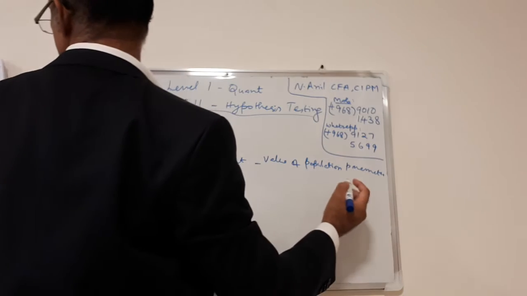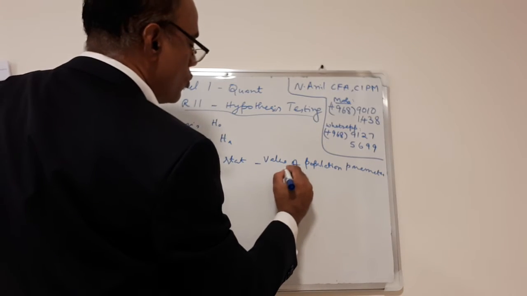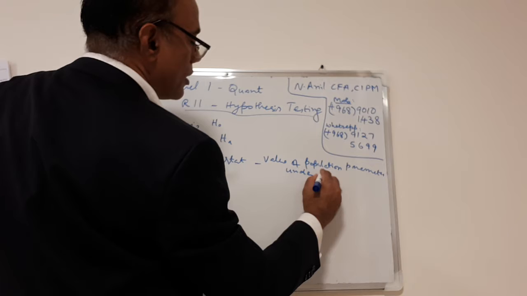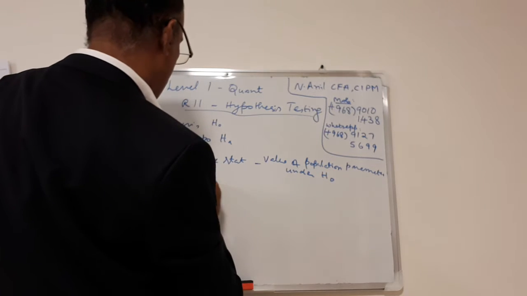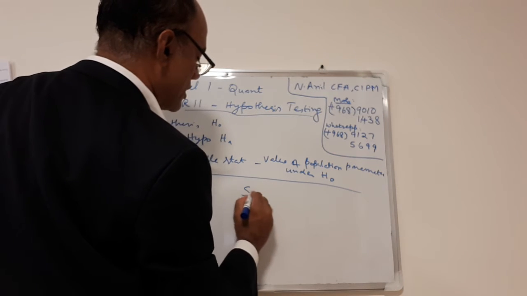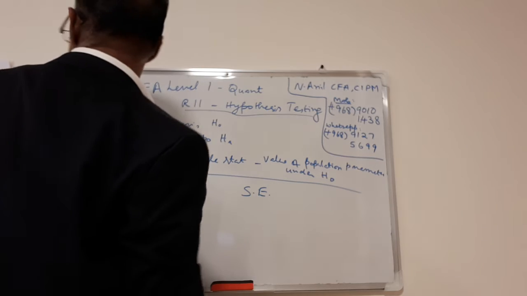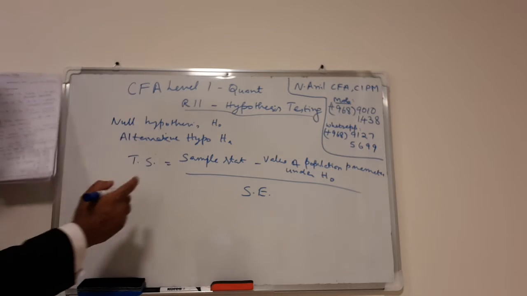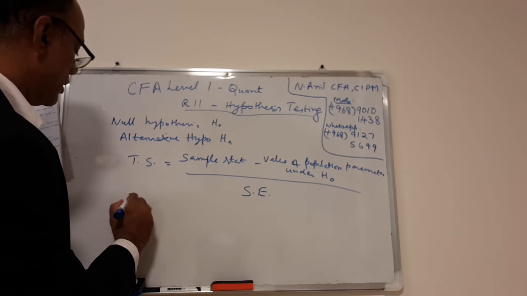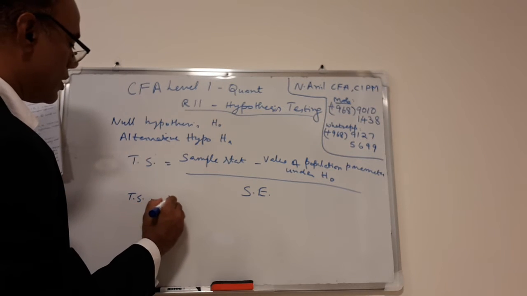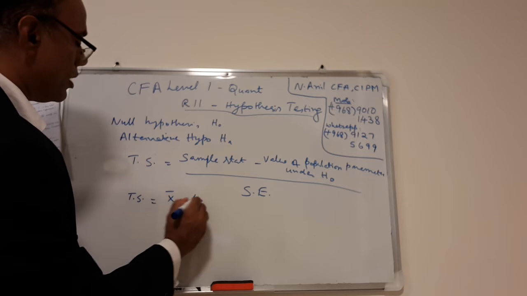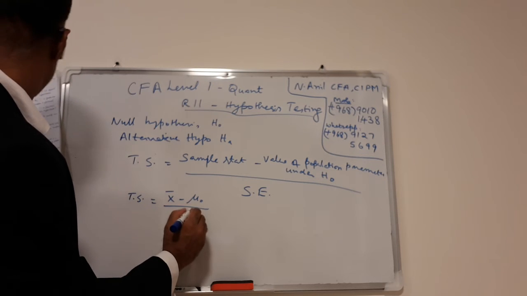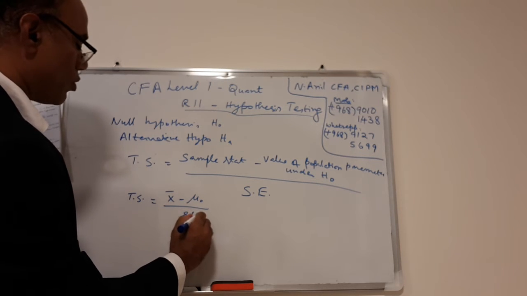Usually the mean mu under the null hypothesis, not the alternate hypothesis, divided by the standard error of the sample statistic. If you write it symbolically, the test statistic is equal to x bar minus mu naught divided by s divided by square root n.